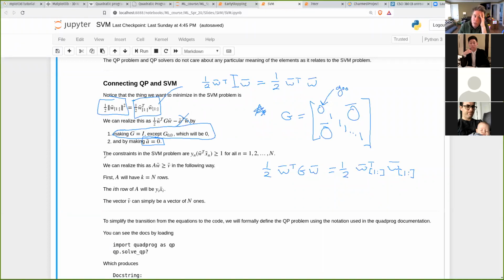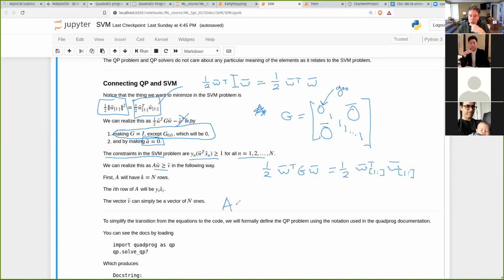So the next thing to think about is how to enter the constraints. So here are the constraints. We have n of them, and so we can express this as a QP constraint in the following way. A is going to have n rows.